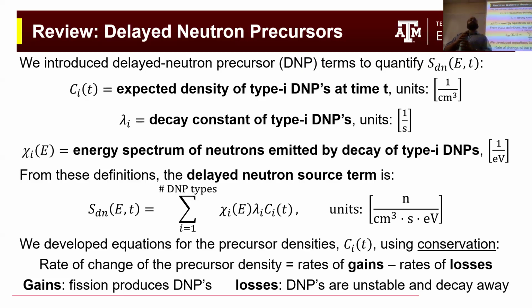So what we usually do is we group these delayed neutron precursors together by ones that have similar half-lives and decay constants. And so C_i represents the density of some group of delayed neutron precursors. And it's a density, so it has units of inverse volume.